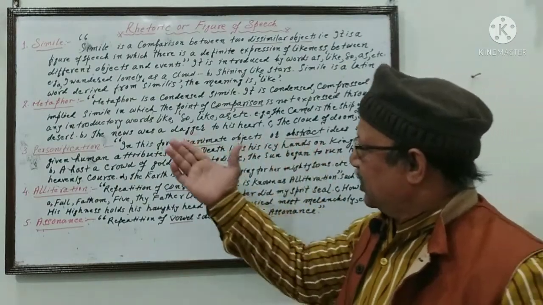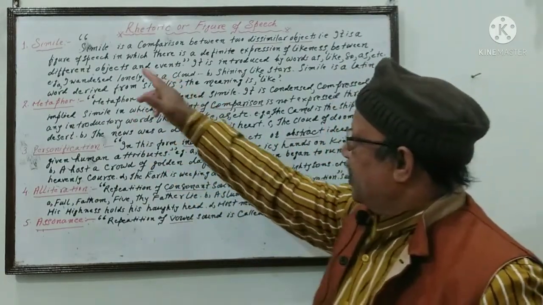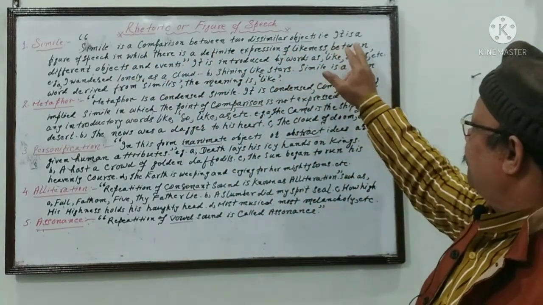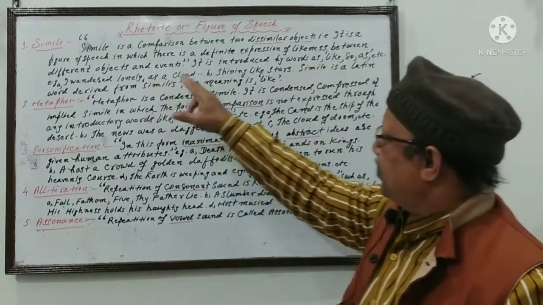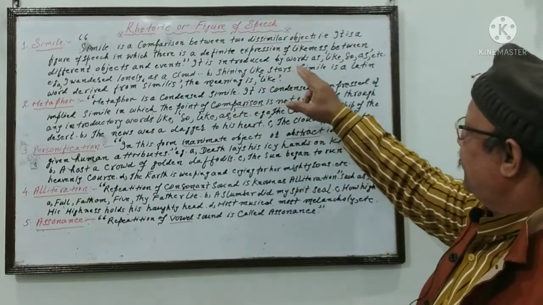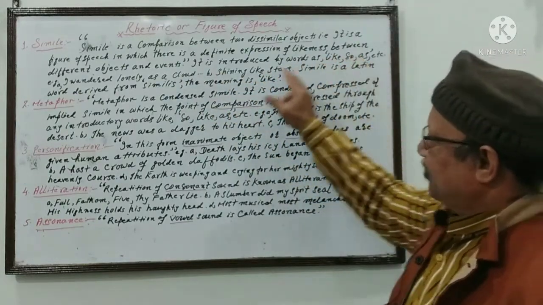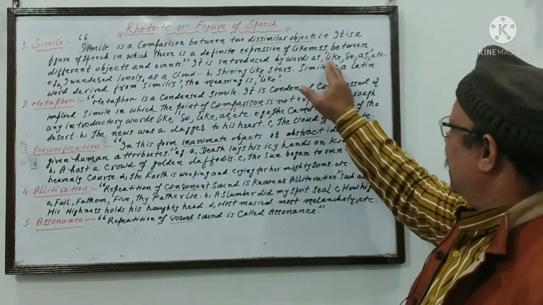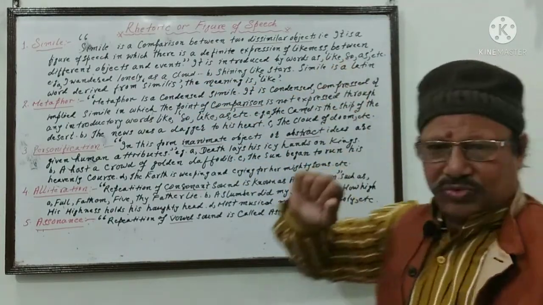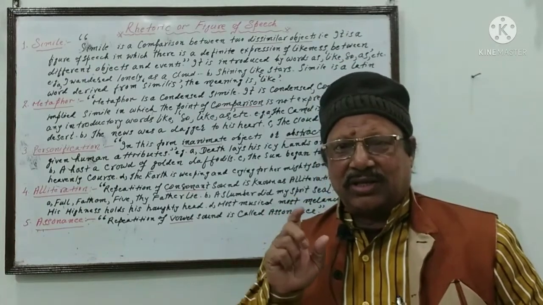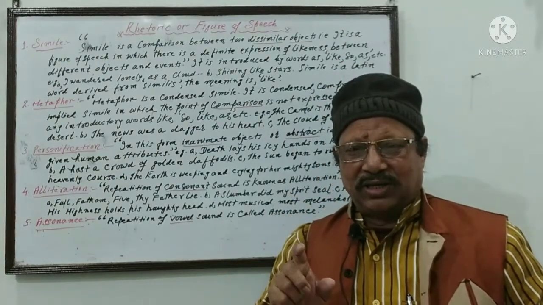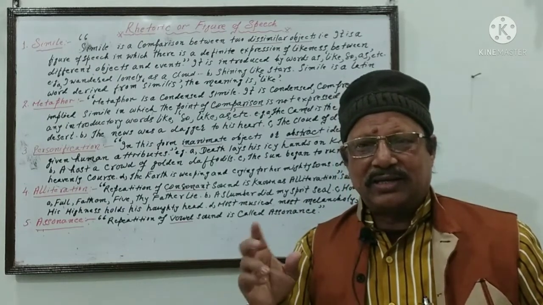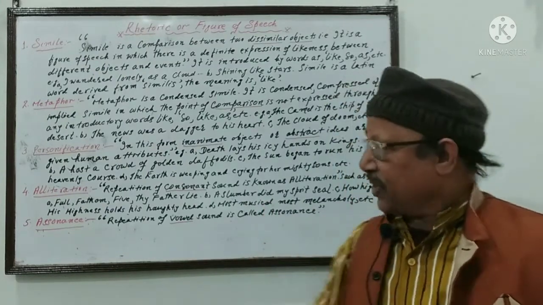Simile is a comparison between two dissimilar objects, with a definite expression of likeness between different objects and events, and whenever like, as, so are used, you will consider that line a simile.